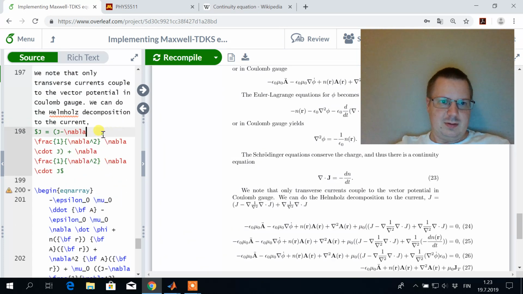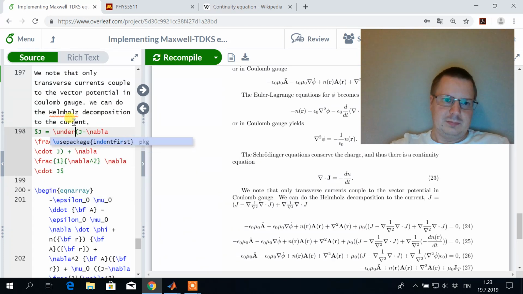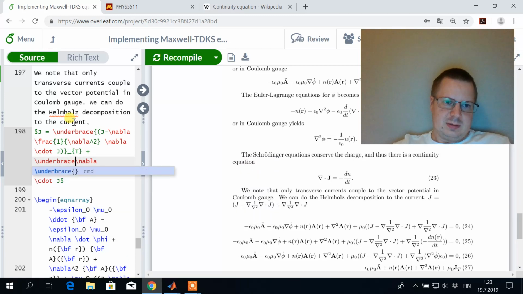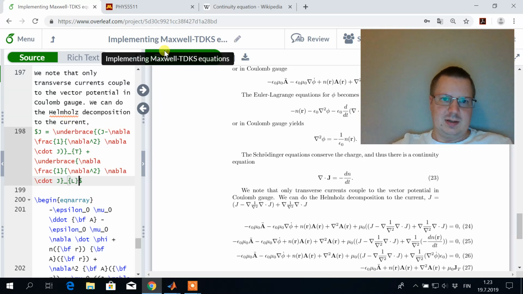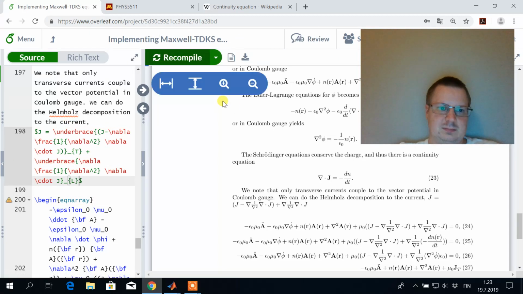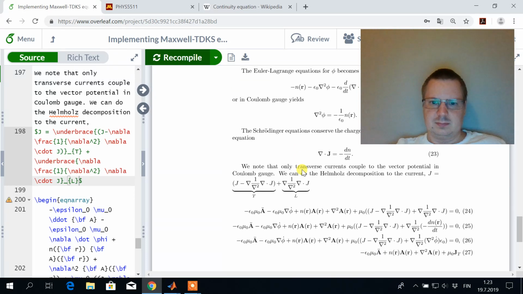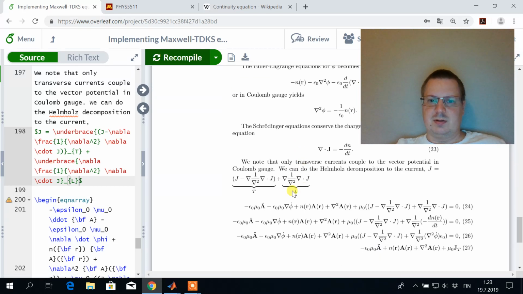So we call this one the transverse current, and this one the longitudinal current. This is called the longitudinal projection.